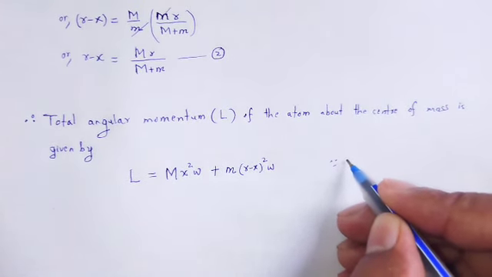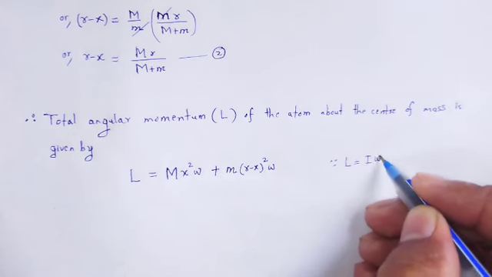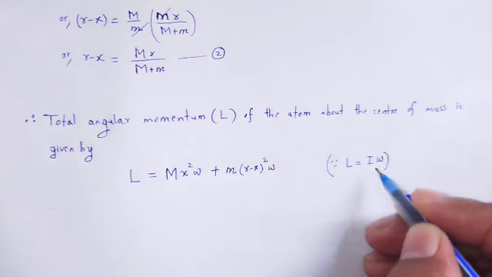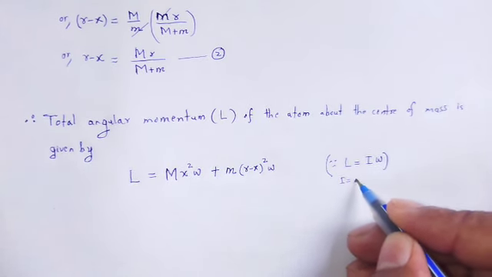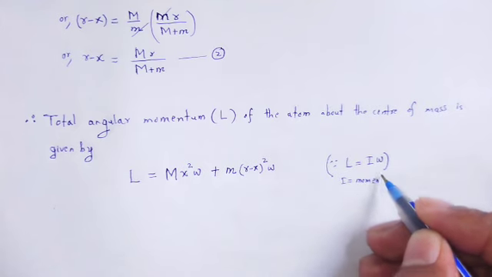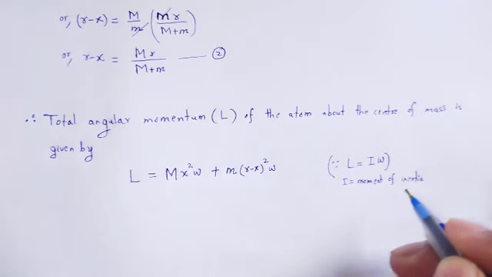Here we use the relation angular momentum is equal to moment of inertia into angular velocity, whereas I stands for moment of inertia.